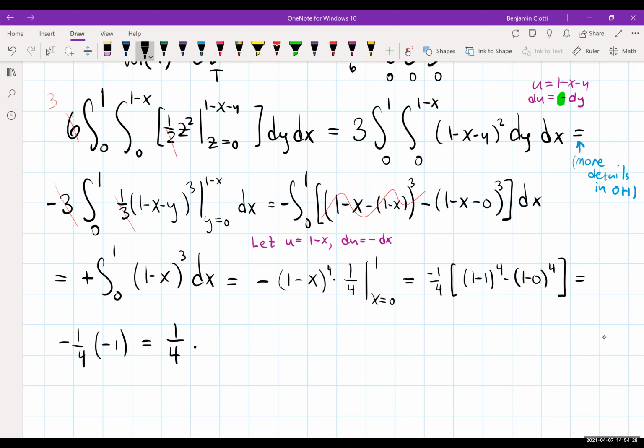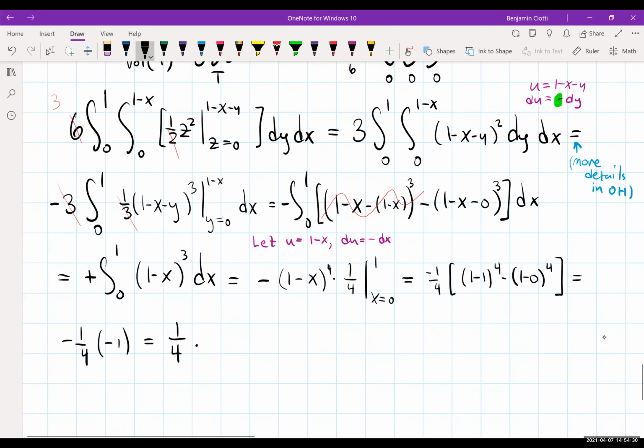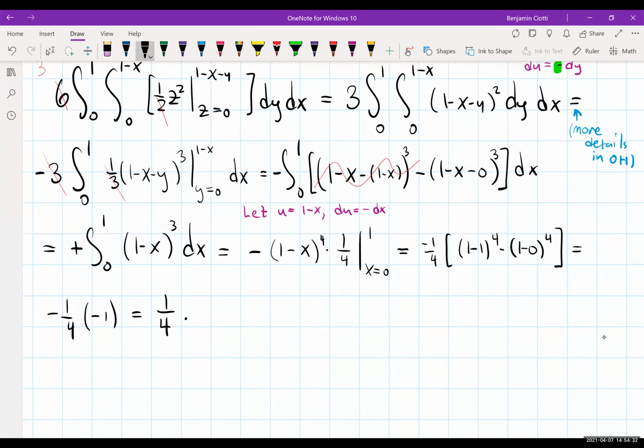I would like to point out, however, that if you look at the picture of the tetrahedron, it spends a lot more time near the XY plane than it does up near 1 on the Z-axis.